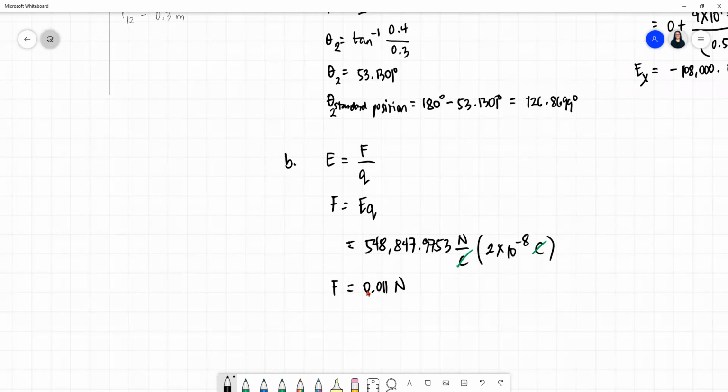So that charge, 2 times 10 raised to negative 8 coulombs, will experience a force of 0.011 newton because of the two charges.